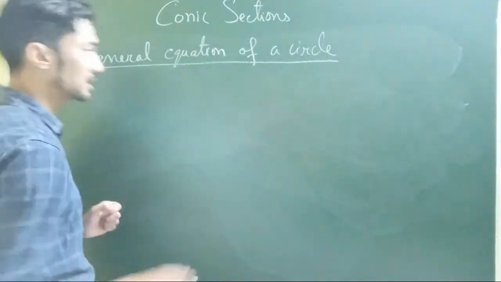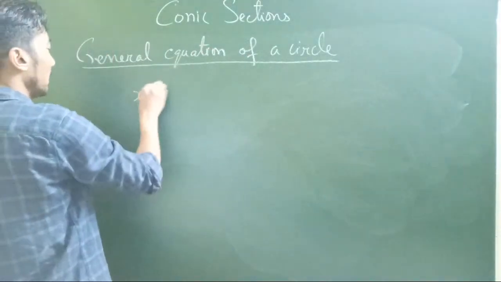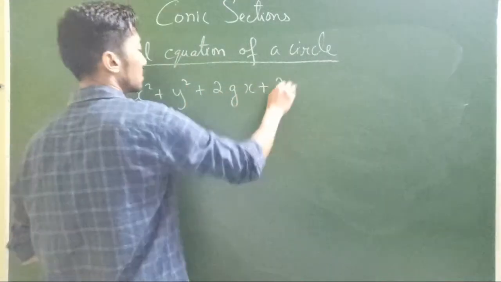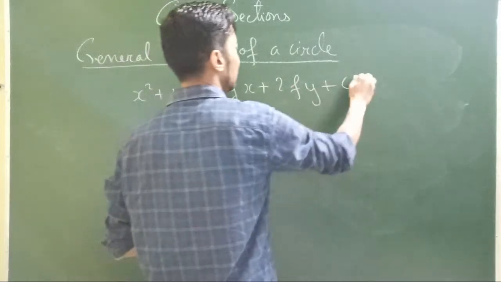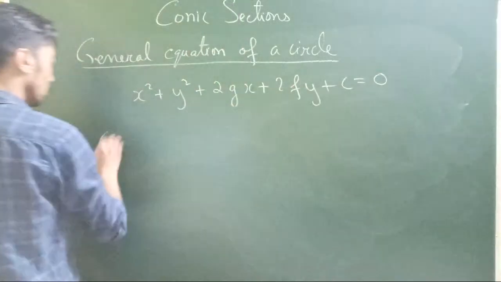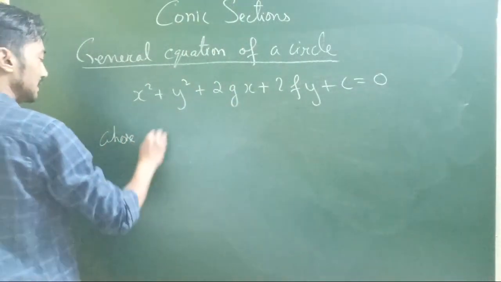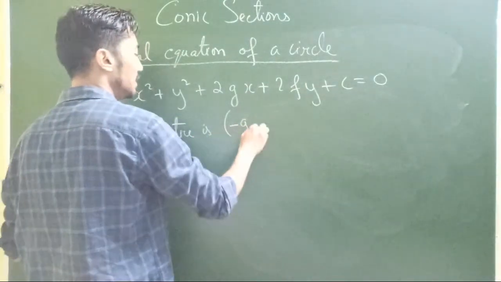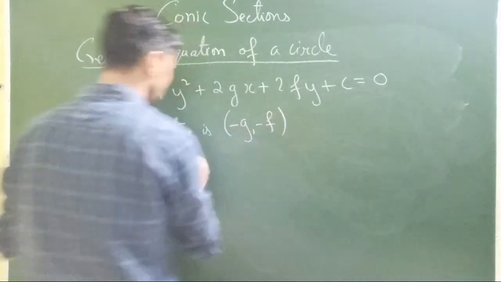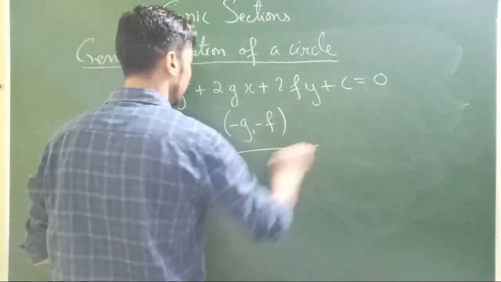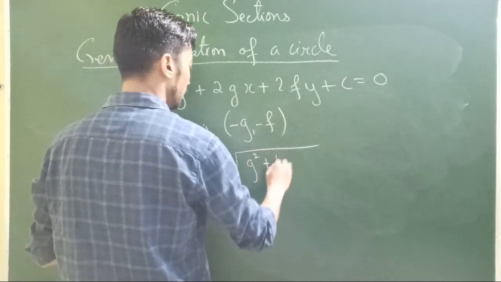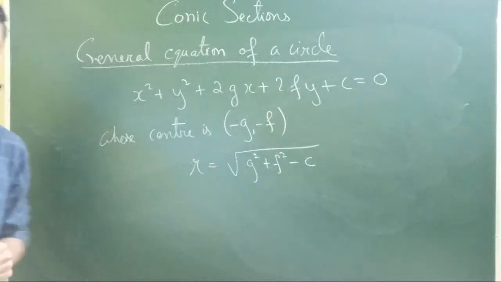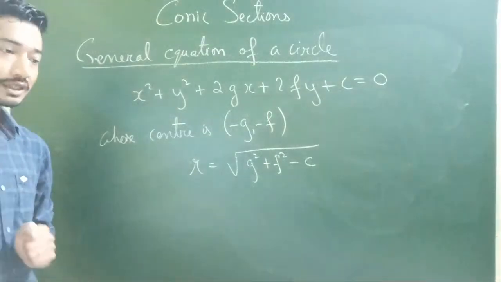The general equation of a circle is given by x square plus y square plus 2gx plus 2fy plus c equal to 0, whose center this time is given by (minus g, minus f), and radius will be given by root over of g square plus f square minus c. This is the general equation of a circle.